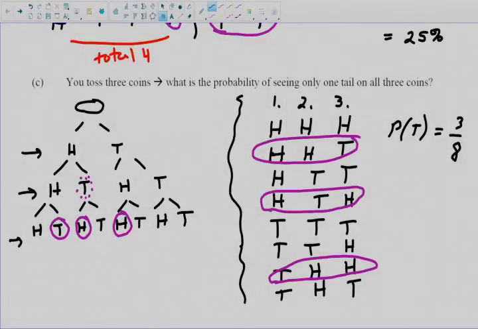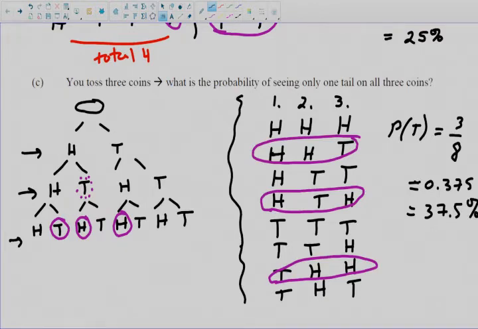And then, so I'll just write that down, 0.375. And as a percentage, that would be 37.5%.